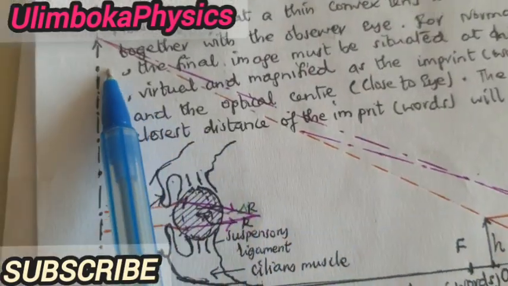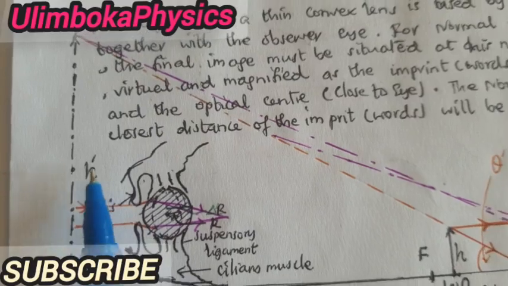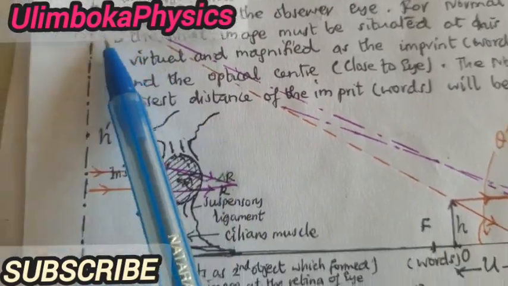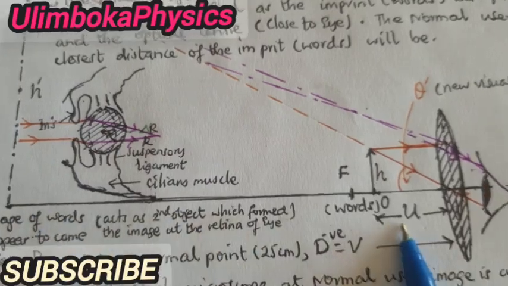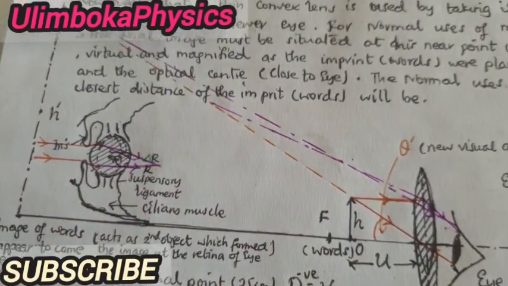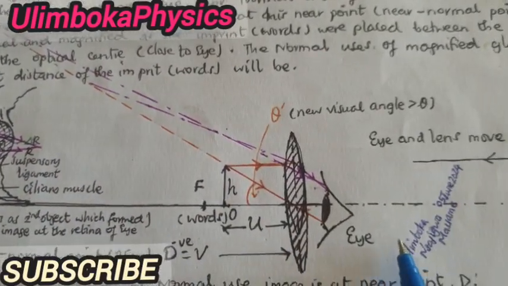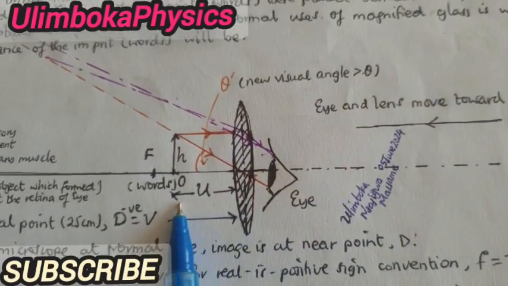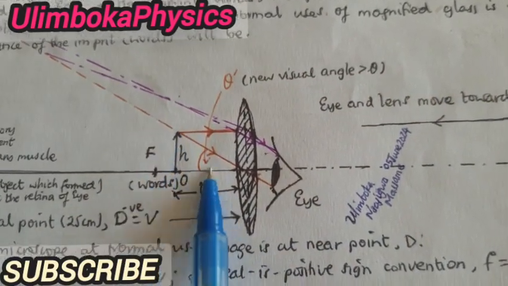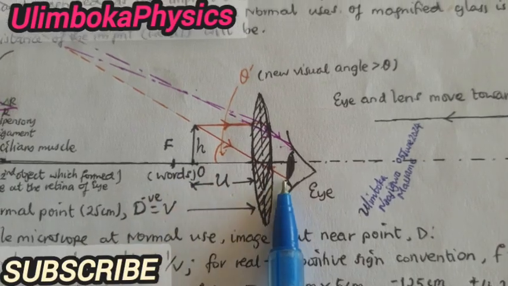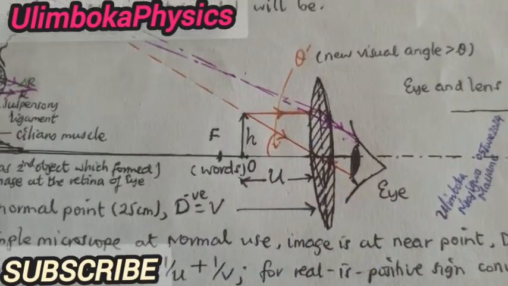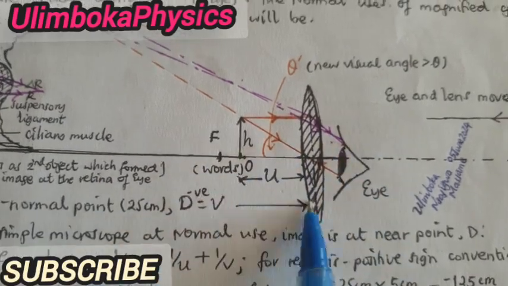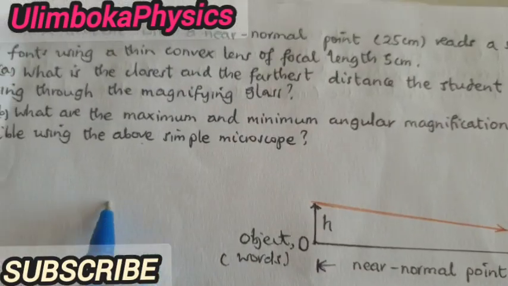Therefore, the final image, which is magnified and behind the object, is formed at this D. From here, we will have the closest distance of this object or this wedge from the lens.